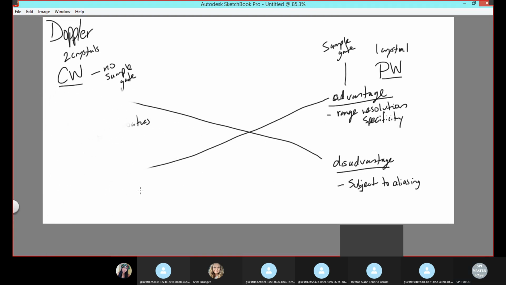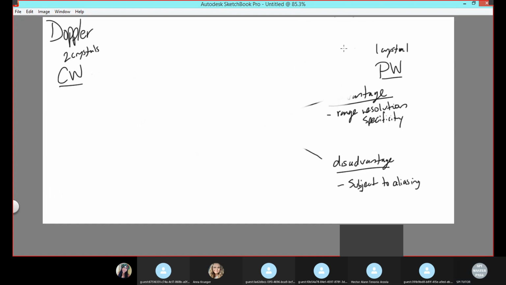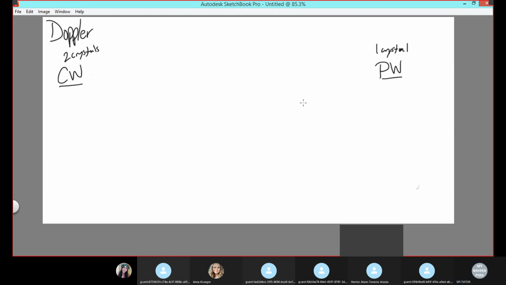And we'll see the same thing again now that we talk about damping material. So pulse wave has damping material, which is called the backing material. Continuous wave, no damping material, no backing material. And this already sets the stage.